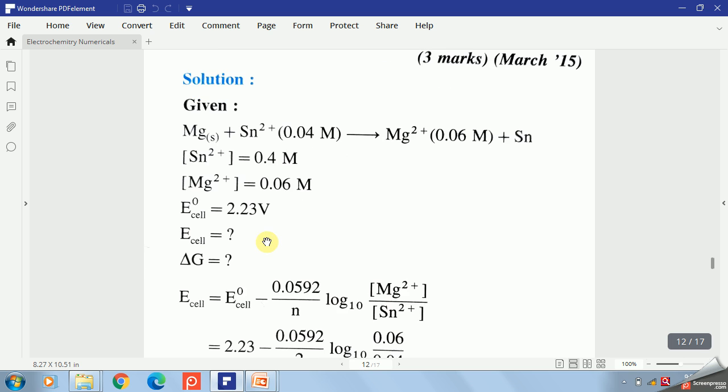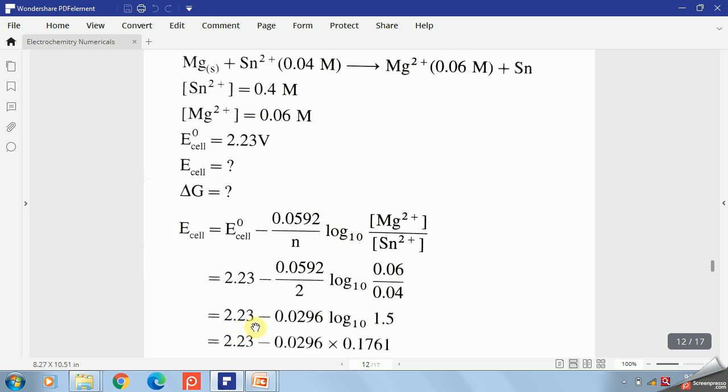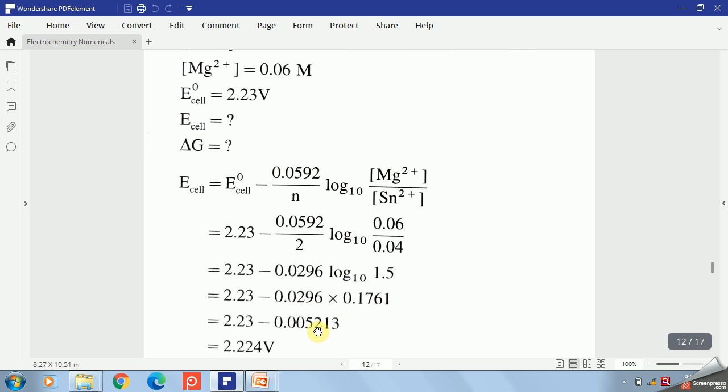And E0 cell is 2.23 volt. Substituting these values, 2.23 minus 0.0296 into log of 1.5 to the base 10. Log of 1.5 is 0.1761, multiplied by 0.0296, your answer is 0.005213. Subtract this from 2.23, your answer is 2.224 volt.